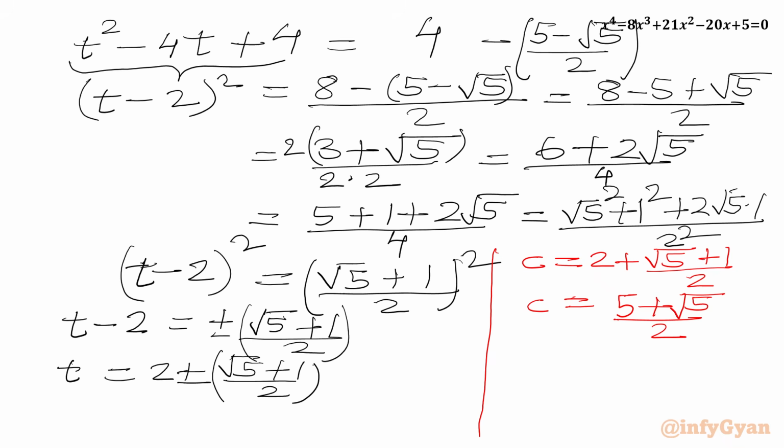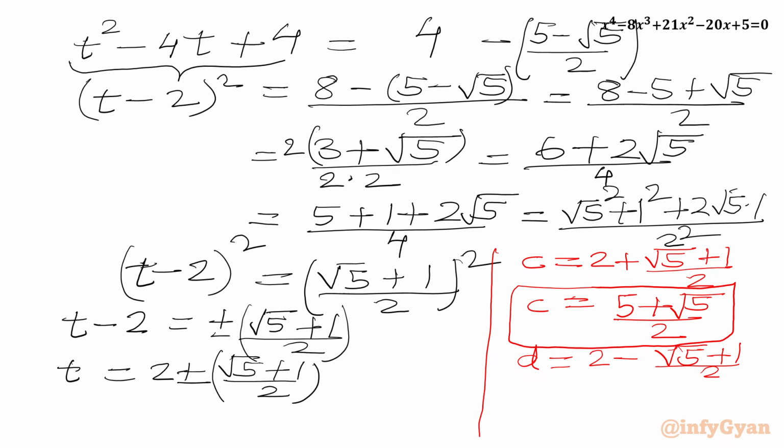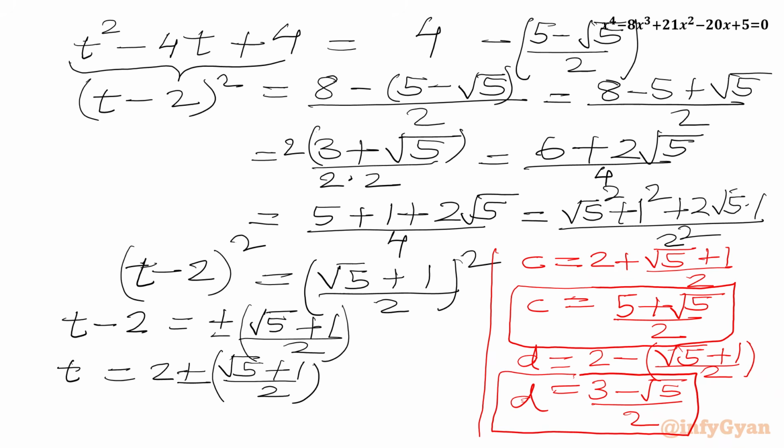This is our third root of the quartic equation. And d will be equal to 2 minus (square root 5 plus 1) over 2, which will be equal to 4 minus 1 is 3, (3 minus root 5) over 2. So we have 4 roots of the quartic equation: a, b, c and d.